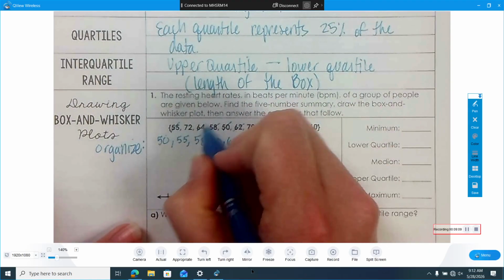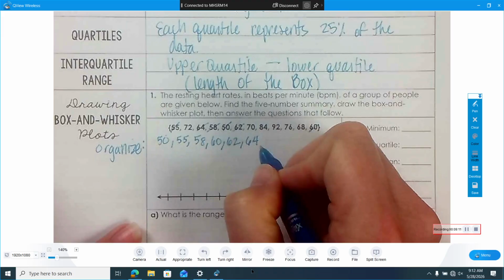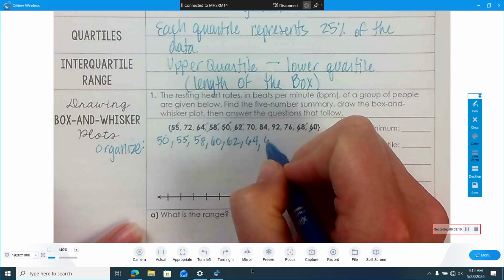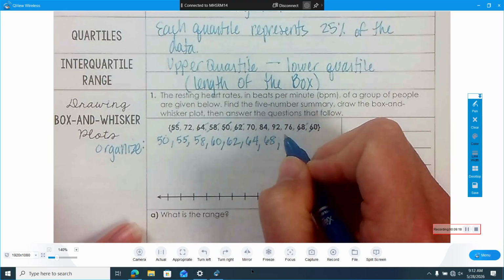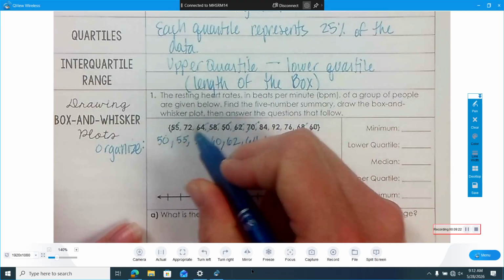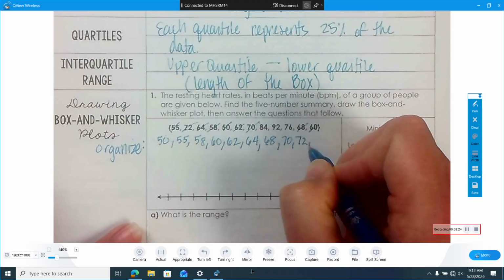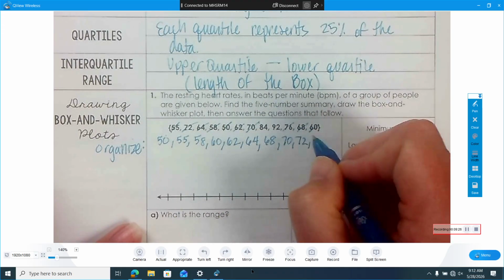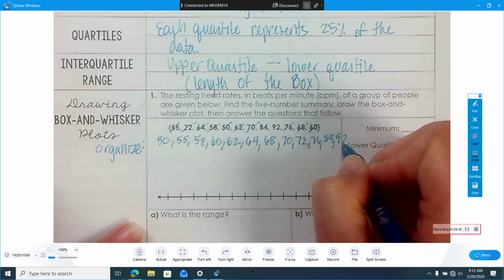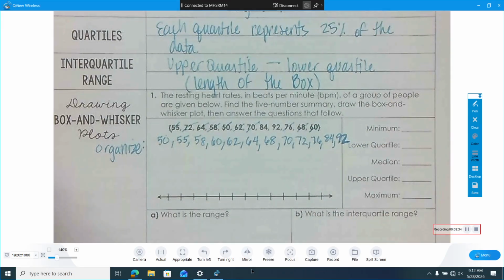And I see a 64, 68, 70, 72, 76, 84 and 92. Someone's heart rate was pretty fast there.